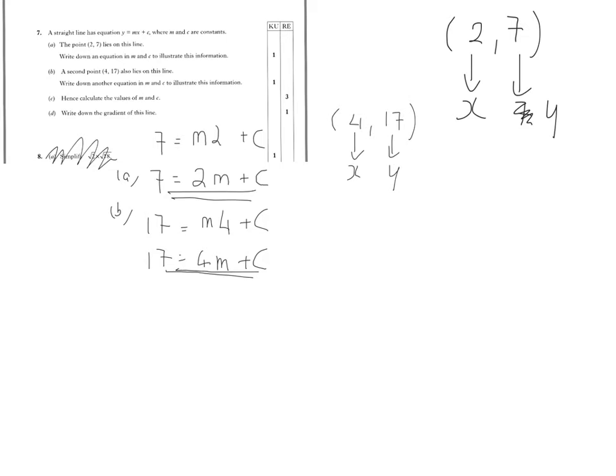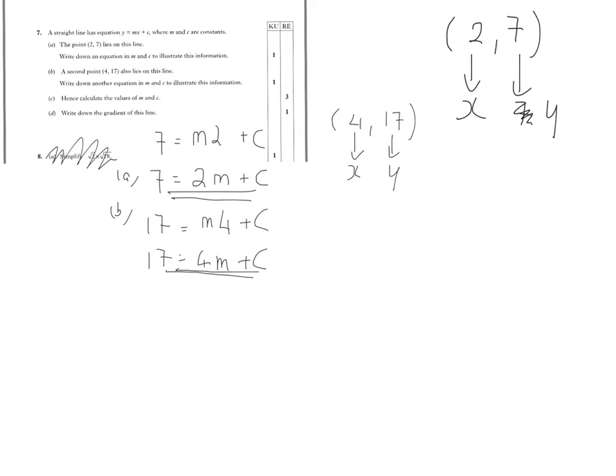Okay, part C says, hence calculate the values of m and c. Now, this for me is definitely turning into simultaneous equations. So, equation 1 is given by 7 equals 2m plus c. Equation 2 is given by 17 equals 4m plus c.